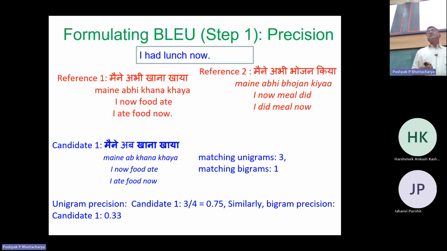What about trigram precision? Do you have any match here? Trigram means consecutive three words. So here, do you see any match? There is no match at all, right? And that is happening because of the difference between अभी and अब. So because there is a unigram mismatch, a lot of things in the neighborhood of that word give rise to mismatch.